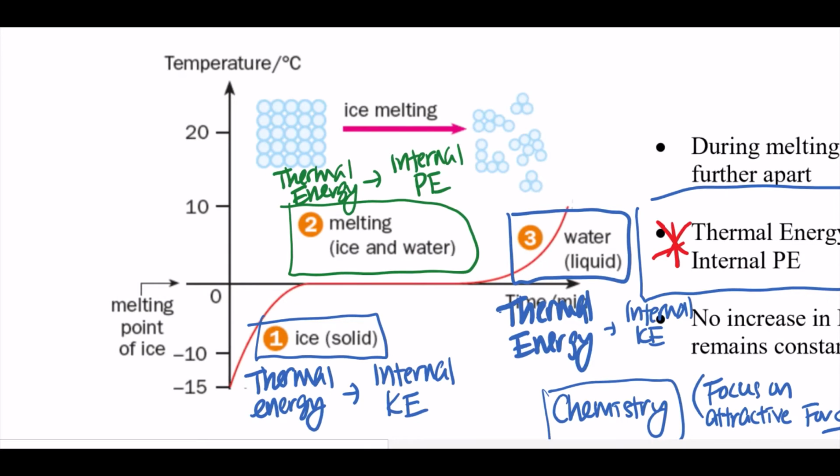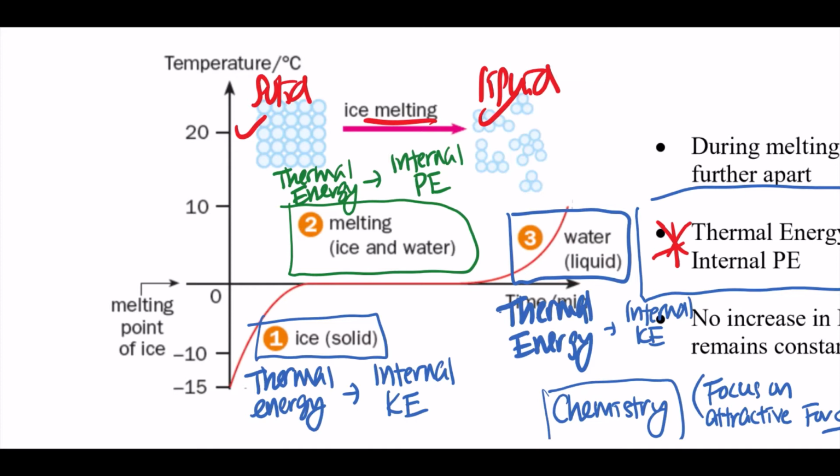So let's look at the first part, when it's melting. During the melting process, the substance changes from solid to liquid, right? Now we're just looking at the solid and liquid part. We will go through the gas part later.